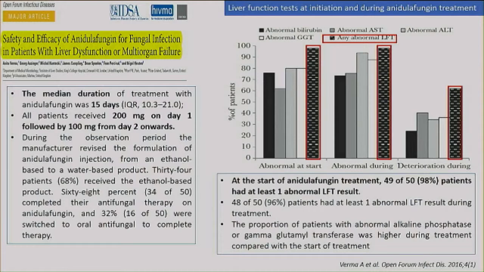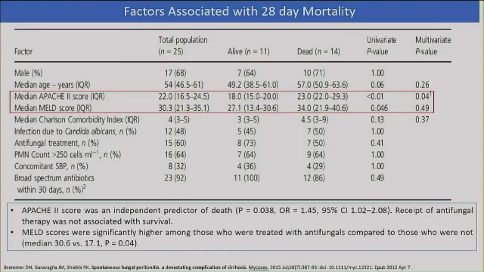So this study showed no increase of liver dysfunction in patients who already have liver dysfunction. So for factors associated with 20-day mortality, we can use the APACHE II score or MELD score for the prediction of mortality in patients with invasive fungal infections with liver cirrhosis.